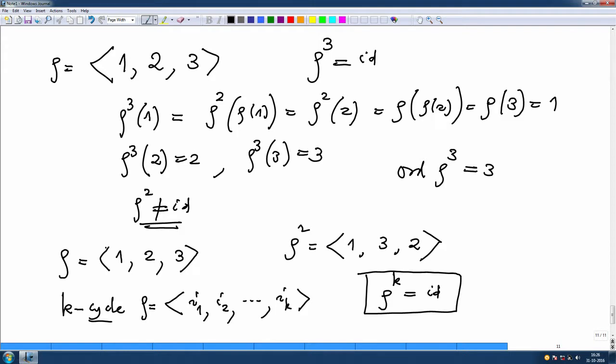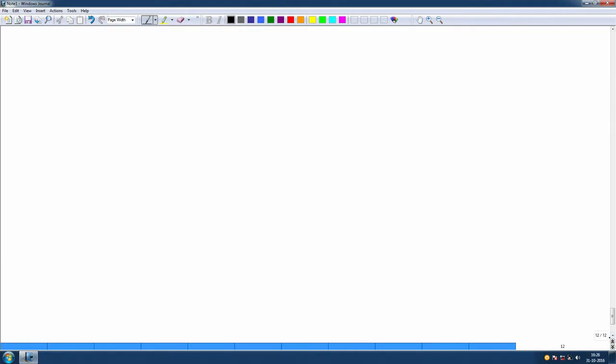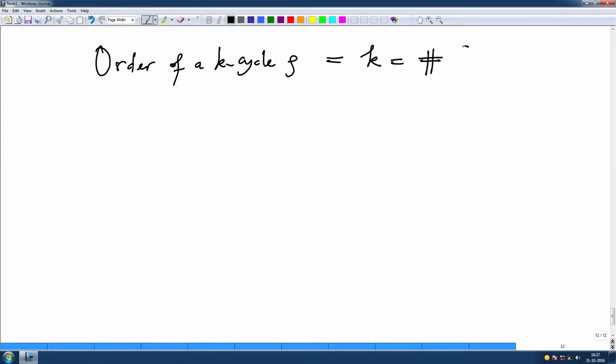So the order of a k-cycle rho is equal to k, that is the cardinality of the support of rho.